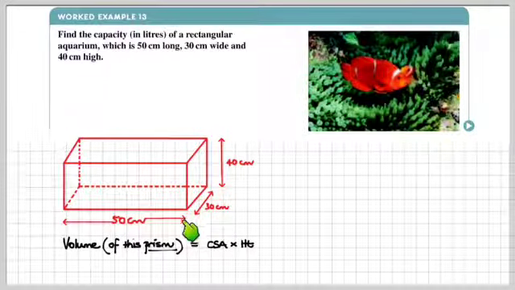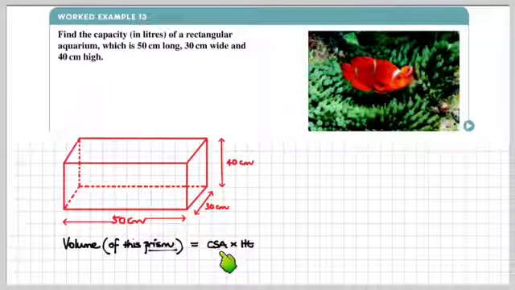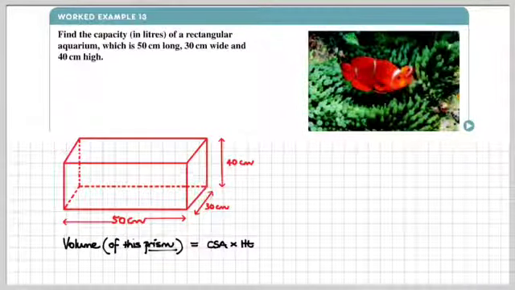Well, it's a prism, guys. It is definitely a prism. So pick a cross-sectional area which is uniform throughout its perpendicular length. You can do the front, the side, or the top. It really doesn't matter because they're uniform all the way through.